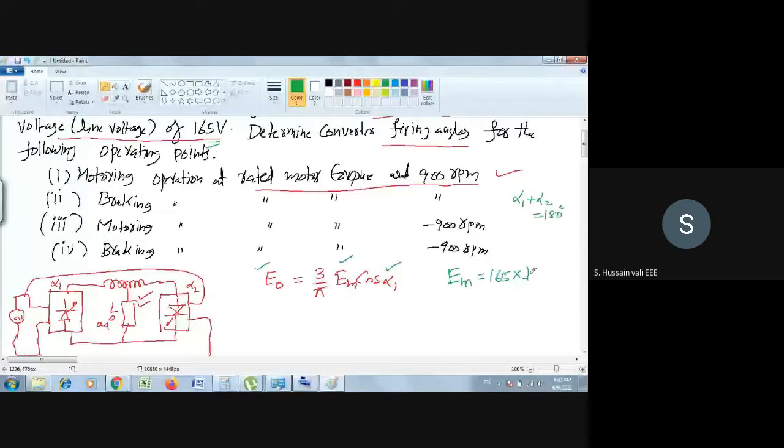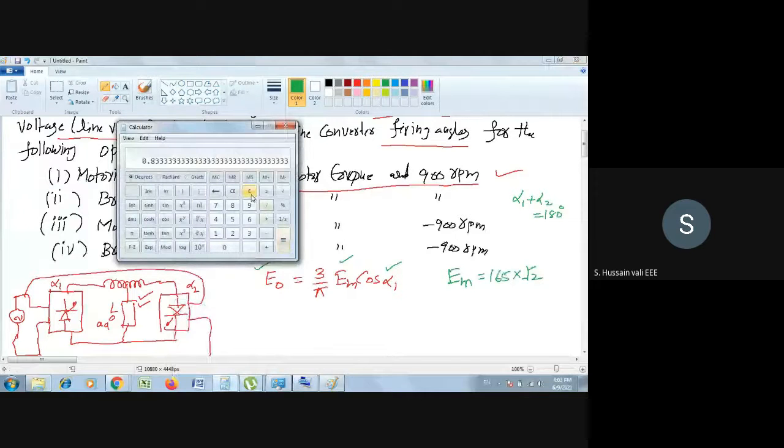This is the maximum value. So we can easily find out 233.34. That is the voltage we got.